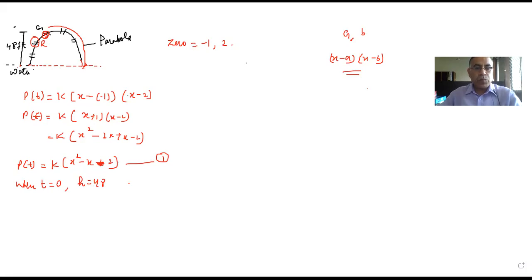So P(0) is equal to k times (t square minus t minus 2). When t is 0, it will be 0 minus 0 minus 2. So that means height 48 is equal to minus 2k. So the value of k is equal to minus 24. Put the value of k in number 1.